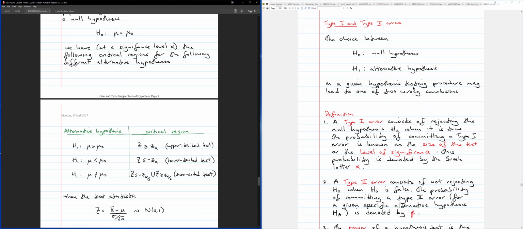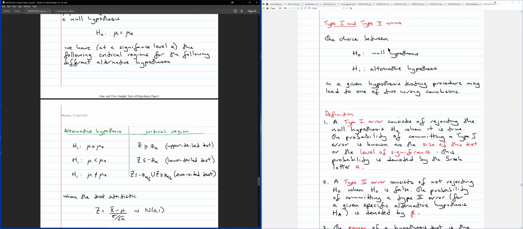Alright, so if you're doing hypothesis testing where you have a null hypothesis H0 and an alternative hypothesis H1, right? There's two types of errors that could be made, right? You can make a type 1 error, right? And what a type 1 error is, is that you reject H0 when in fact it is true, right?